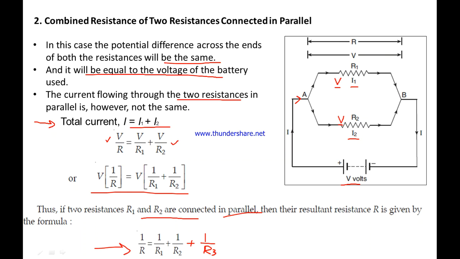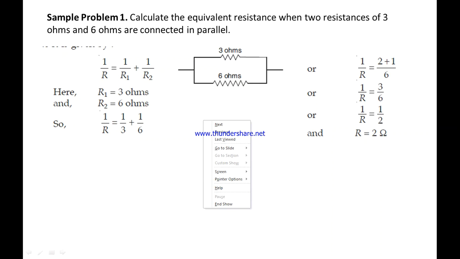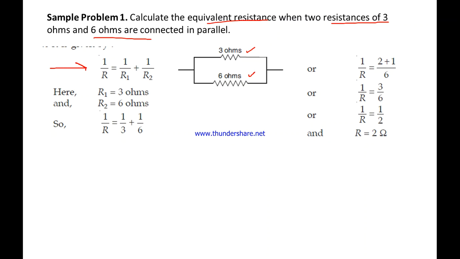Now let's see one more sample problem to understand the meaning of parallel combination. We have to calculate the equivalent resistance when two resistances of 3 ohms and 6 ohms are connected in parallel. Let's use the formula that we have derived and put the values of R1 and R2, 3 ohms and 6 ohms.